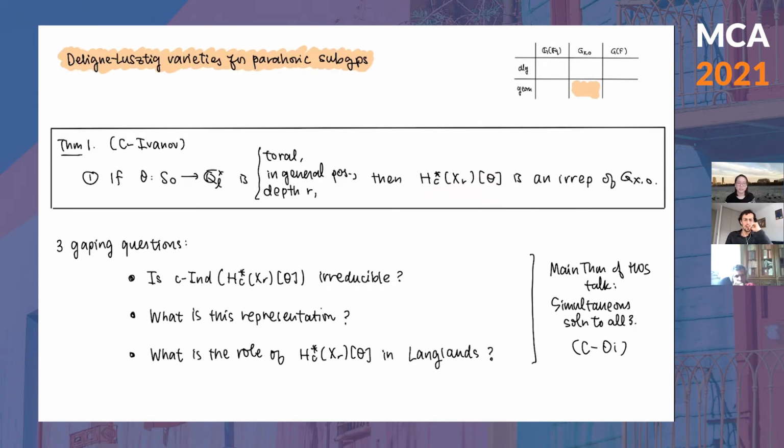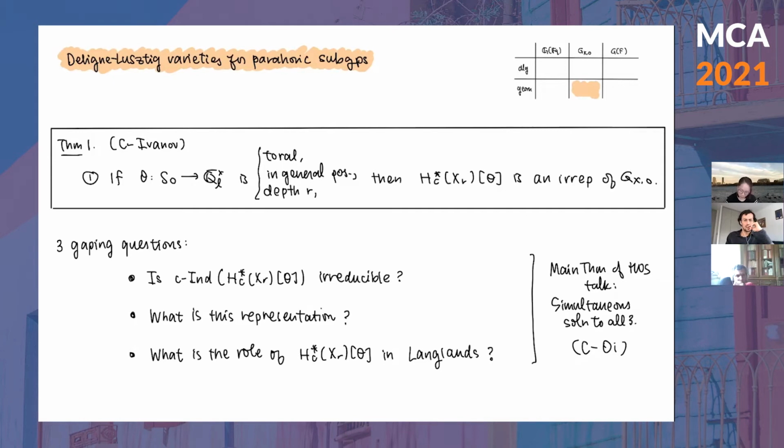And the third question is, now that I have this object, this representation coming from geometry, what is the role of having this description within the framework of the Langlands program? And all three of these questions will be stated in Theorem 2.